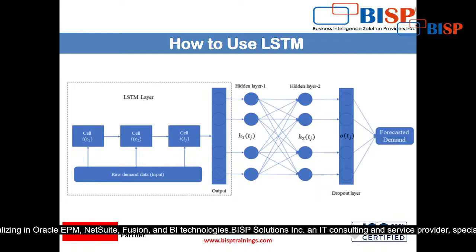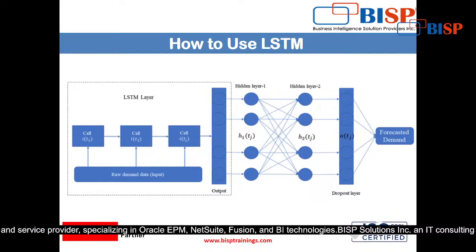Now see here, LSTM layer, it's a layer: raw demand data input, cell 1, cell 2, cell 3, and these cells all communicate with each other, and with the help of the hidden layer, finally the forecasted demand is produced. It is just like what we have done in our regression technique, and then in our PyTorch techniques, everything.